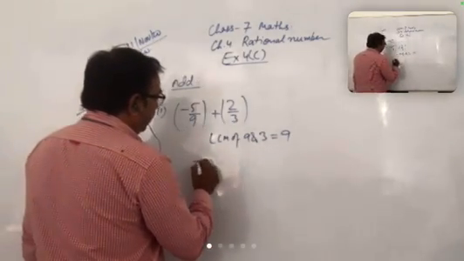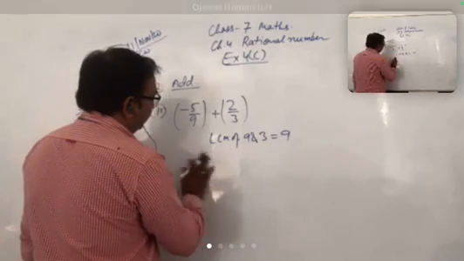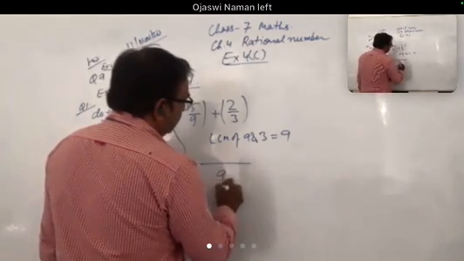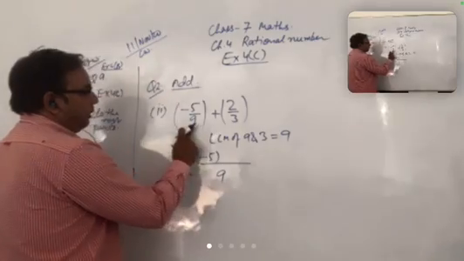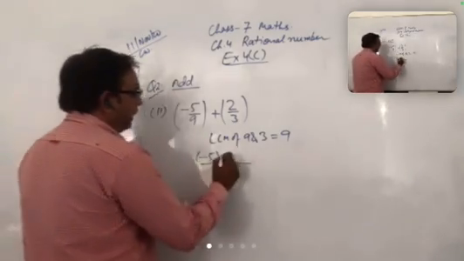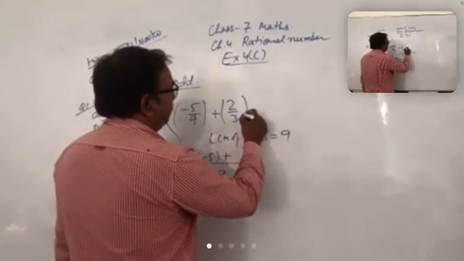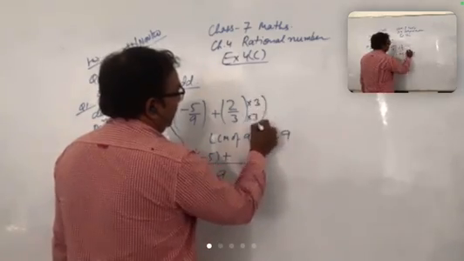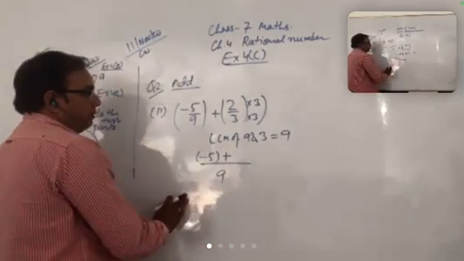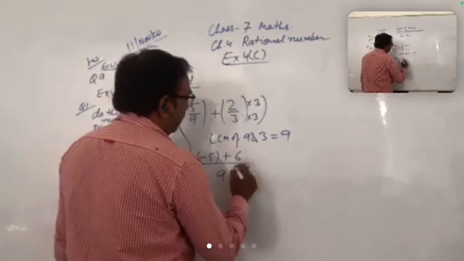We know that the LCM of 9 and 3 is 9. Now the LCM is 9 and we can write minus 5 as it is because this is 9 only, and then plus. This fraction is multiplied by 3 to make the denominator 9. So it will be 6 here.